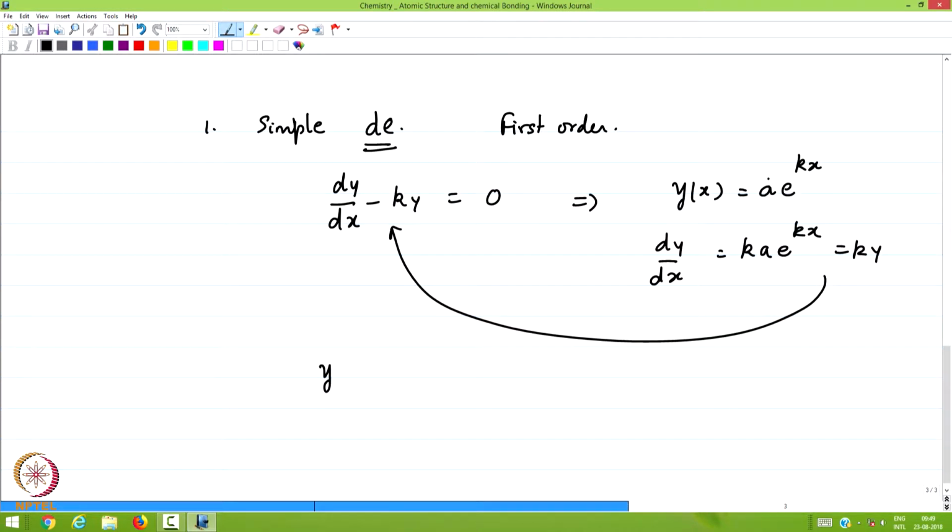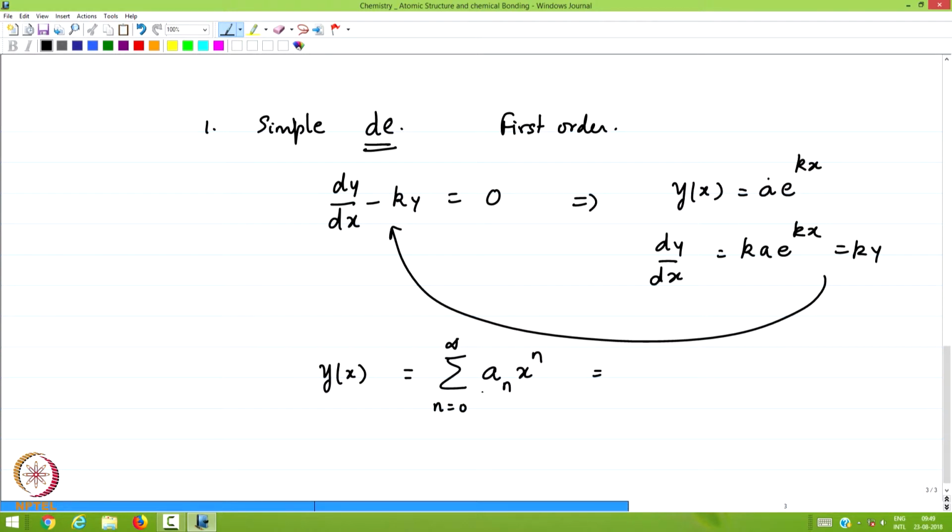So let me propose a solution for y of x as an infinite series containing all the terms starting from n equal to 0 and going up to infinity, a_n x raised to n.